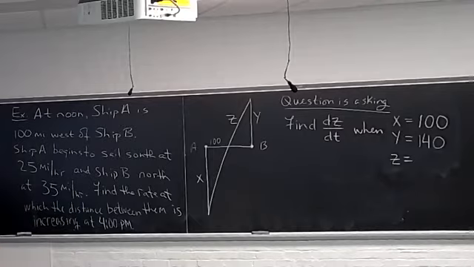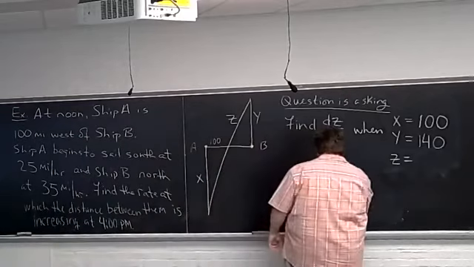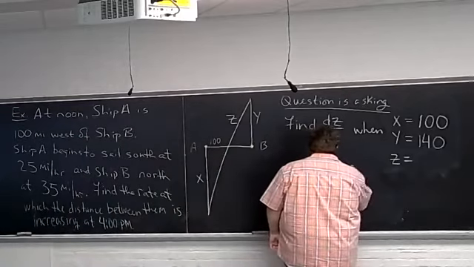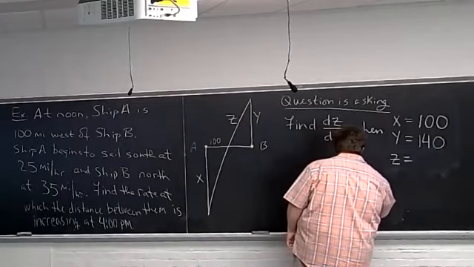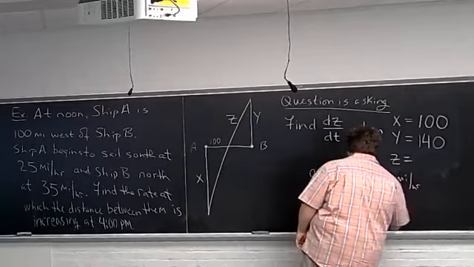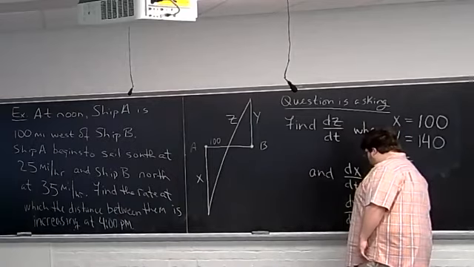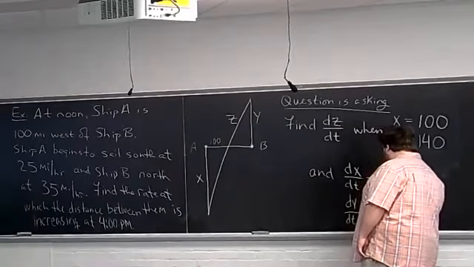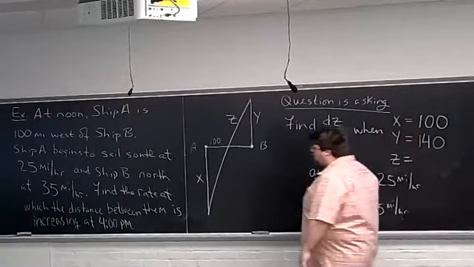But what else is happening? Well, x and y are changing. X is changing at 25 miles per hour, so dx/dt equals 25 miles per hour. But also y is changing at 35 miles per hour.